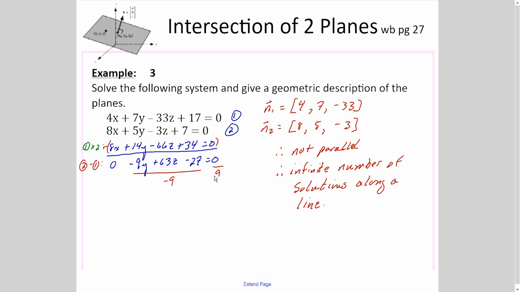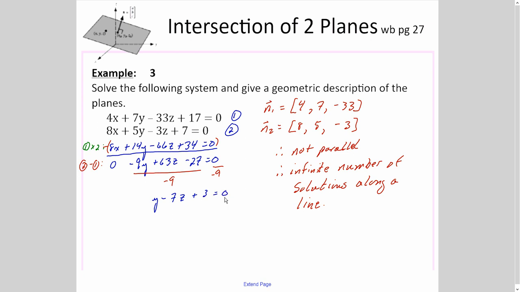I just think this might be a little bit easier for me. So I'm left with y subtract 7z plus 3 equals 0.